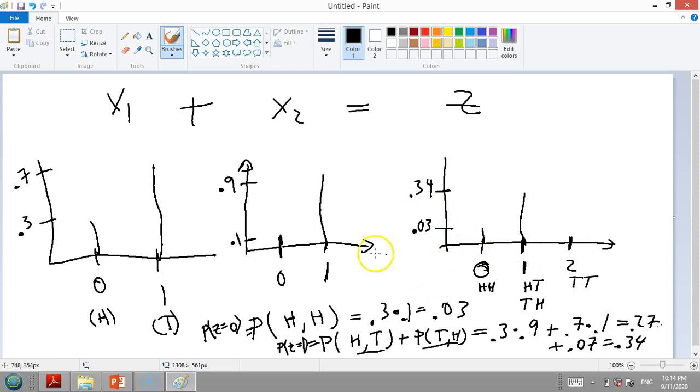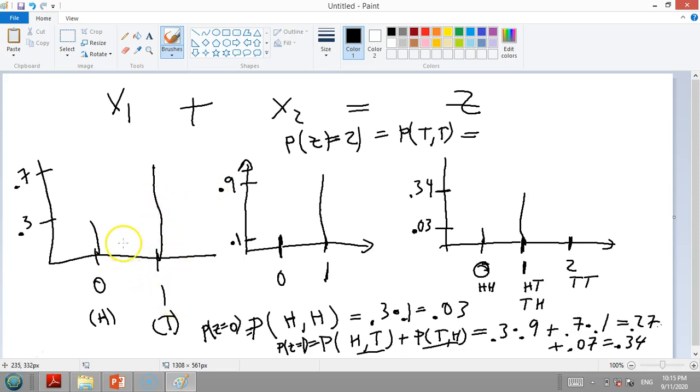And lastly, because I'm running out of space, let's compute the probability that Z equals 2. This can only happen when it's tails, tails. And when is this going to happen?